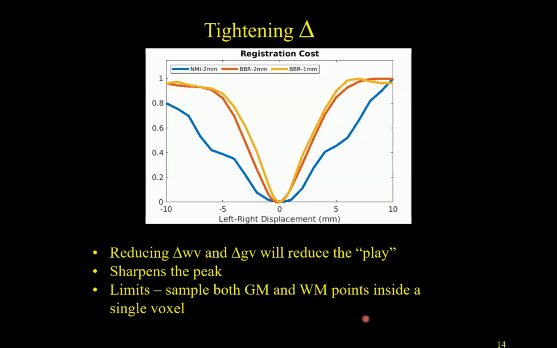And so this is shown here. This is the same graph that I had before. So NMI, BBR at 2 millimeters, BBR at 1 millimeter, and BBR at 1 millimeter where I have tightened those parameters.